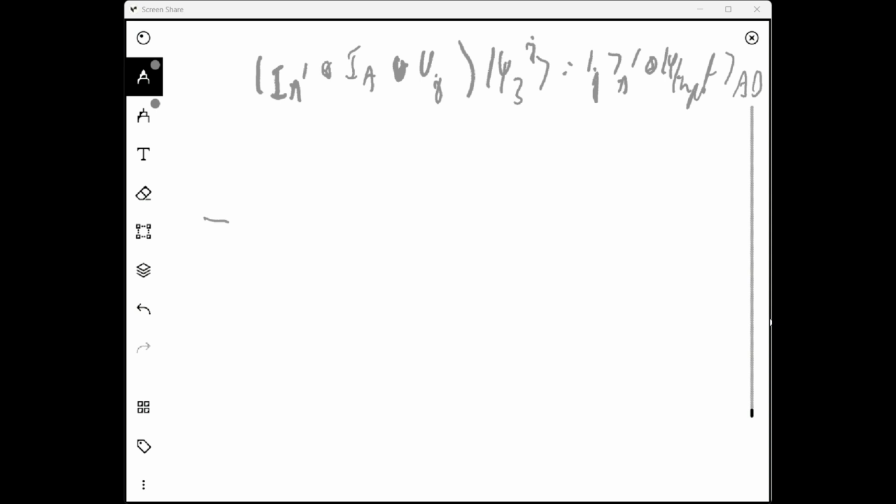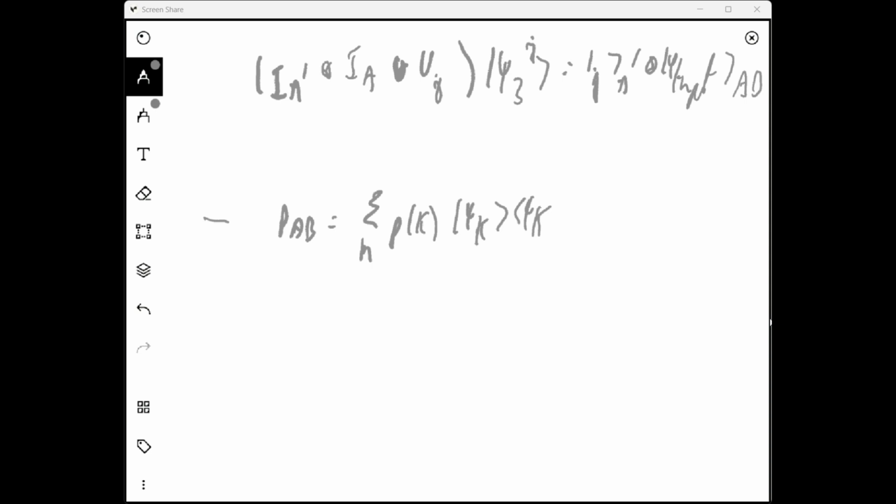And so in the second case, if we want mixed states, mixed states can be written as density matrices like this, where p_k is greater than or equal to 0, and I can even write it like this if you prefer, and the sum over k of p_k equals 1.